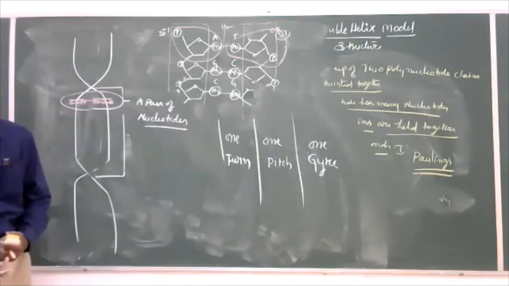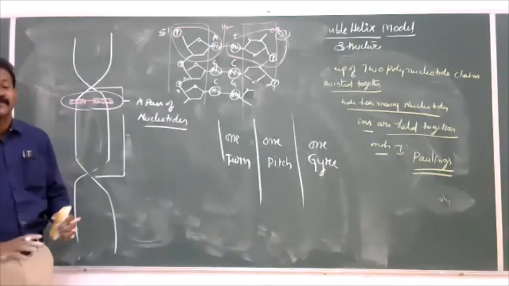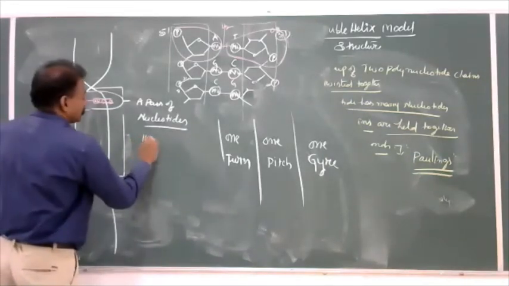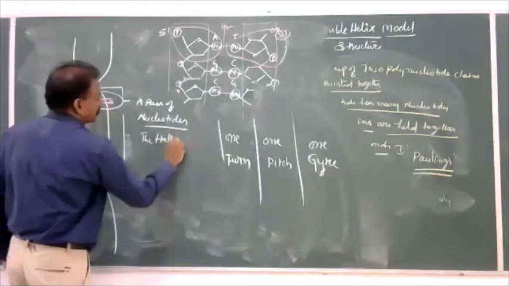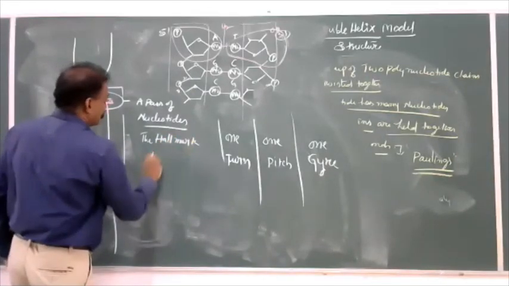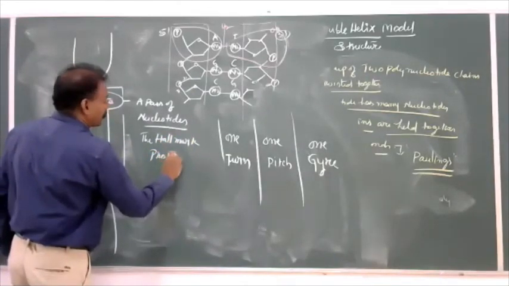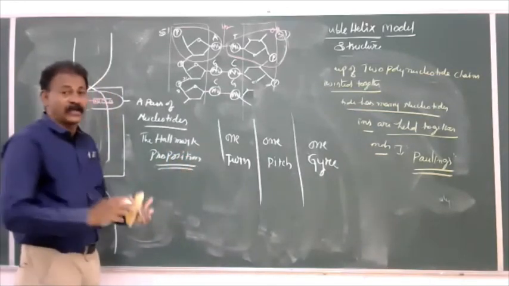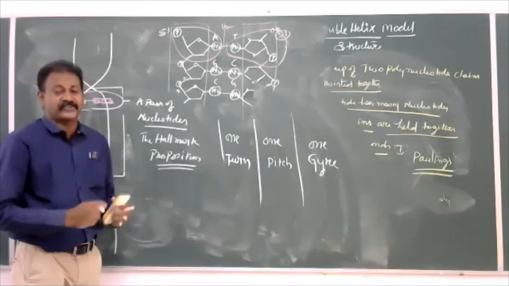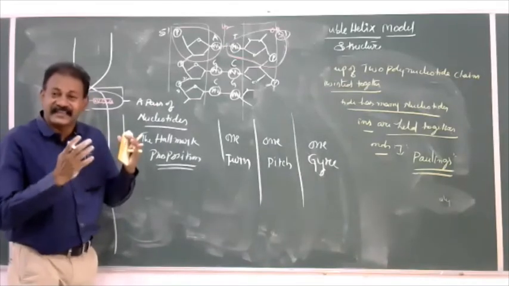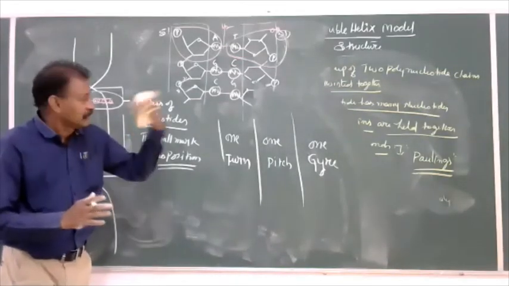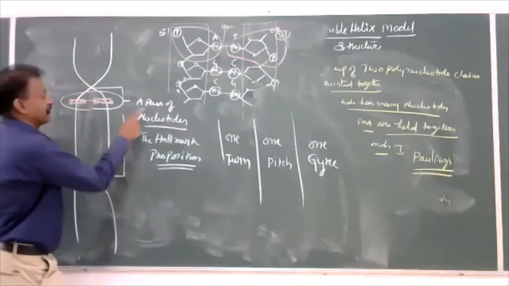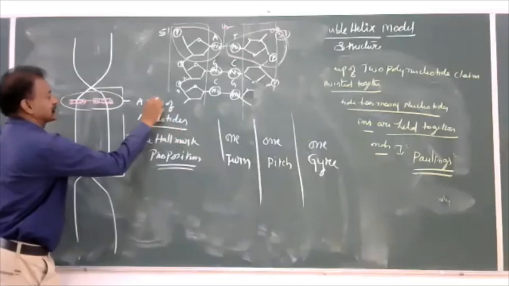The hallmark proposition for the famous double helix model: how they proposed, how they reached the conclusion, how they had confirmation, the reason behind their success in giving this model of DNA is this one, a pair of nucleotides.